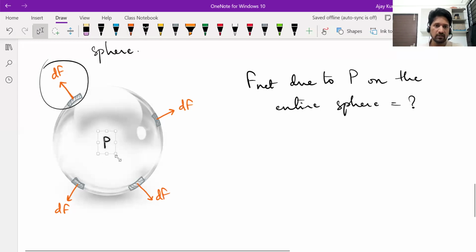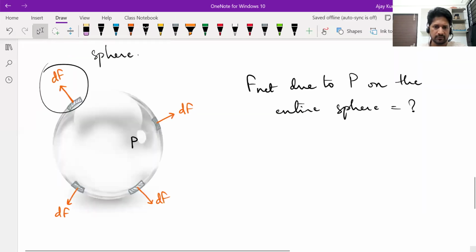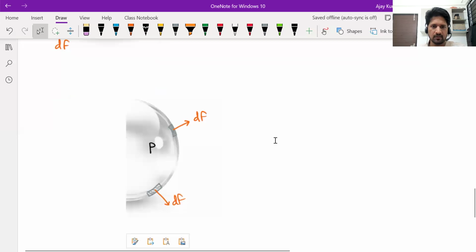But if you consider only one half of the sphere, let me copy paste one half, just a moment. Okay, let us make use of these forces also. If you consider only one half of the bubble, you can visualize a boundary here.